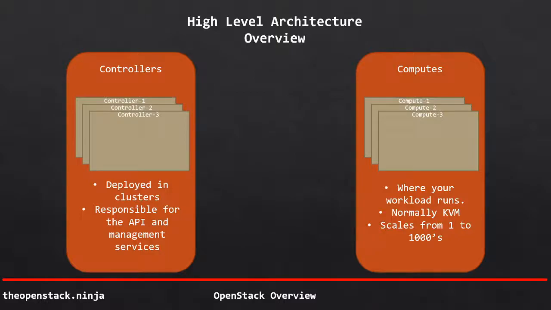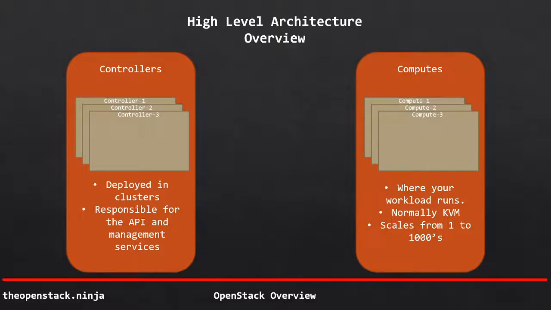It's where all the OpenStack component master services live, and they translate incoming API requests down into actionable workloads for the computes. So controllers, like I say, are deployed in clusters, and it's where your API endpoints live and where all the heavy lifting is done on the OpenStack side.